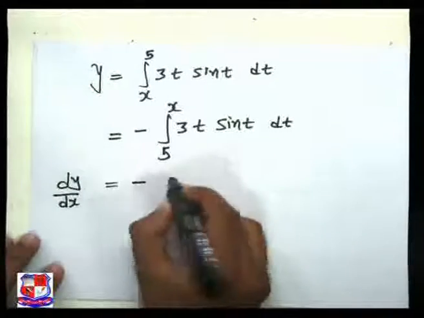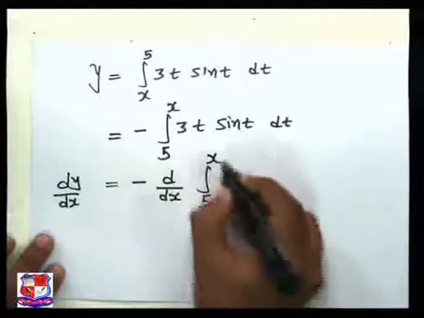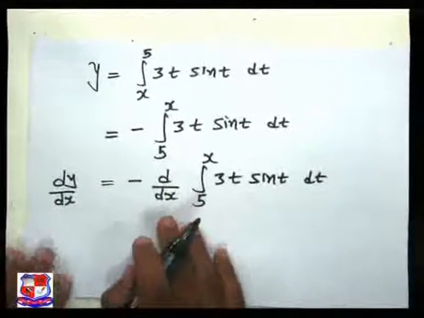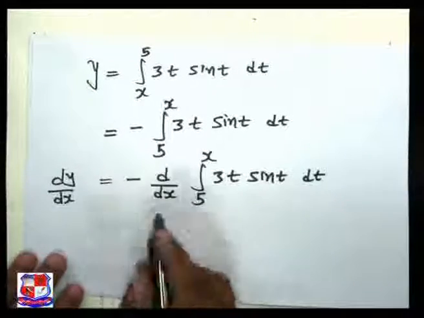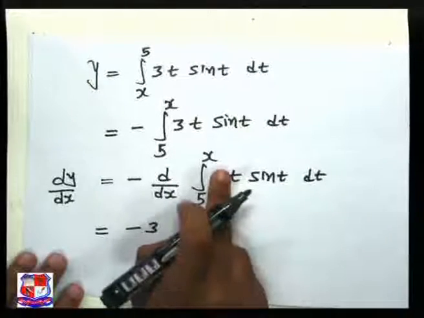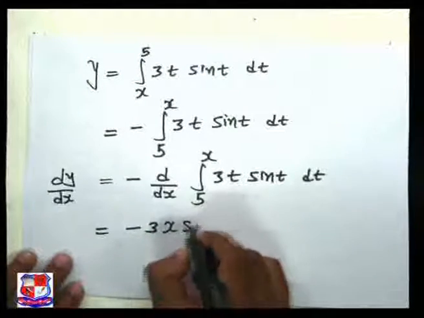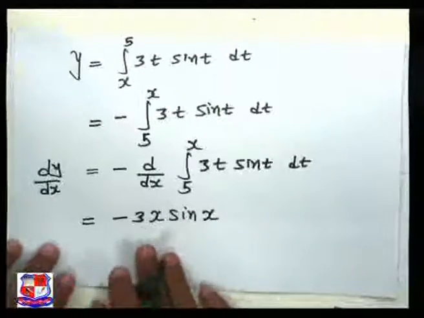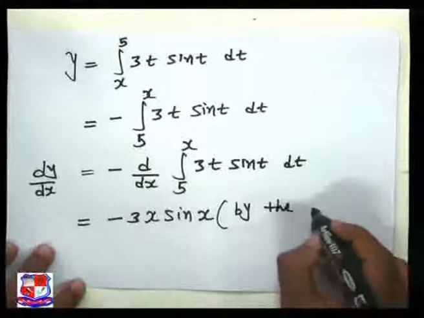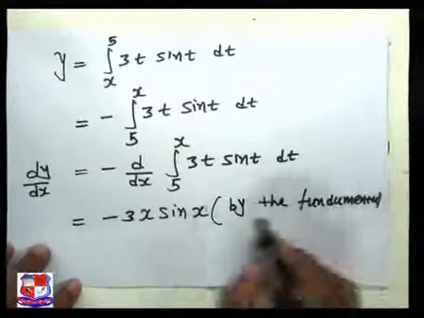the dy by dx is minus d by dx of integration from 5 to x of 3t sin t dt. Now using the fundamental theorem of calculus, this is equal to minus, because this is the derivative of the integration from 5 to x, so directly we can write the value of this term as minus 3x sin x, by the fundamental theorem of calculus.